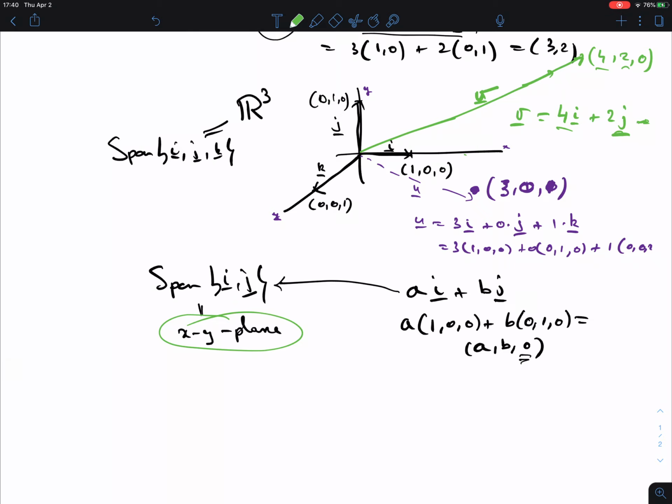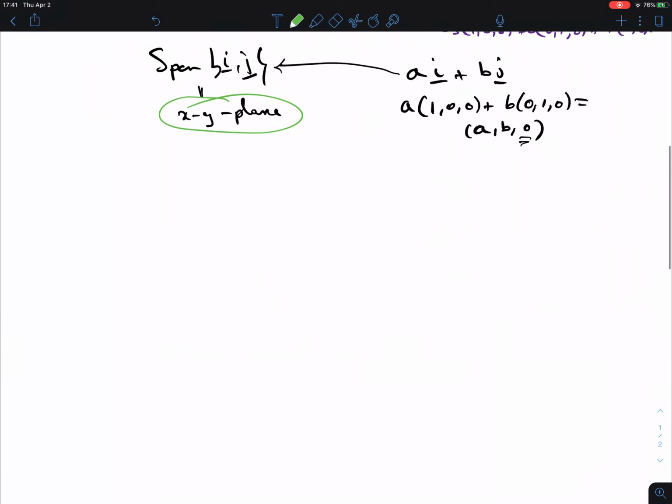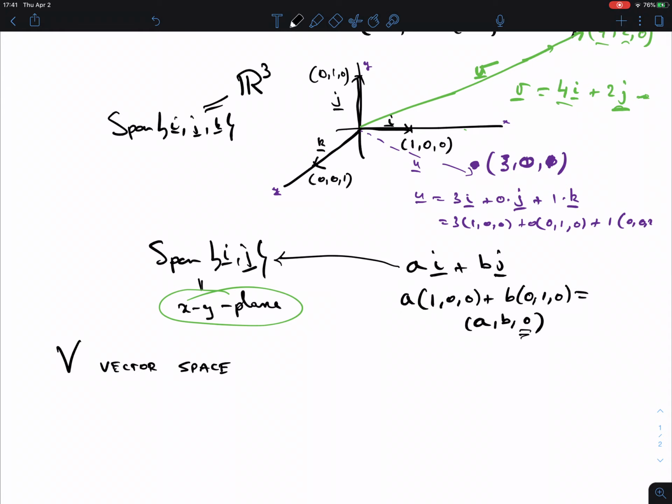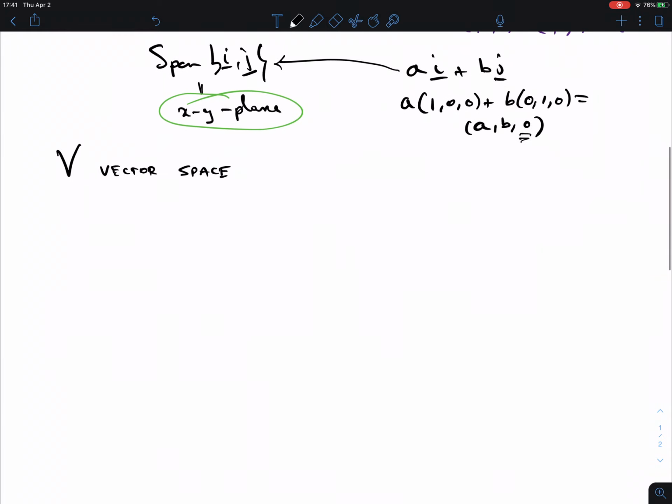So I'll give you the definition. If we have an arbitrary vector space, V, which for us means R2, R3, R4, and so on, we won't see many other examples. We have a vector space and we have vectors v1 up to vm, there are m many.